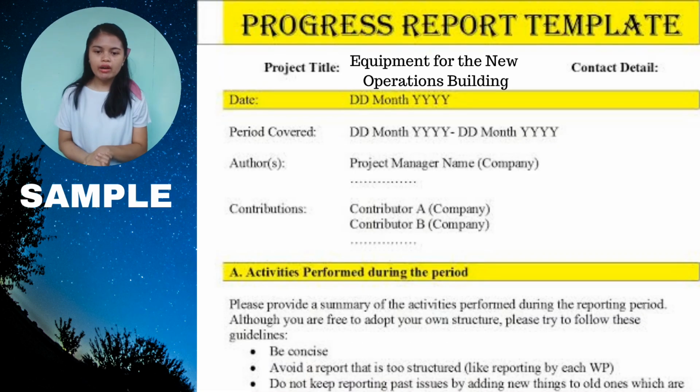Now I have here an example of a sample of progress report. Actually, there are a lot of ways or format in order to make a progress report. You can search it a lot in Google. So as you observe, it has an outline. Take for example activities performed during the period.